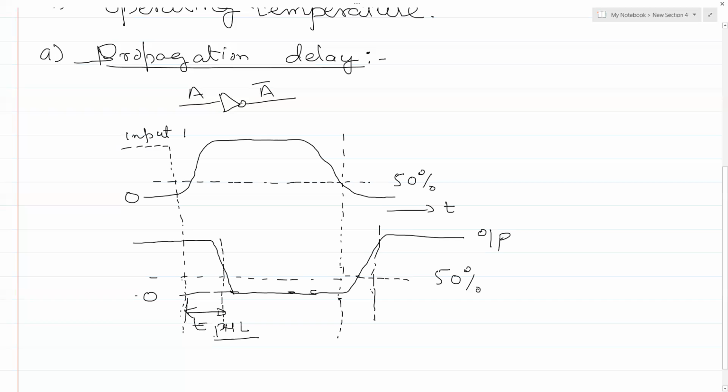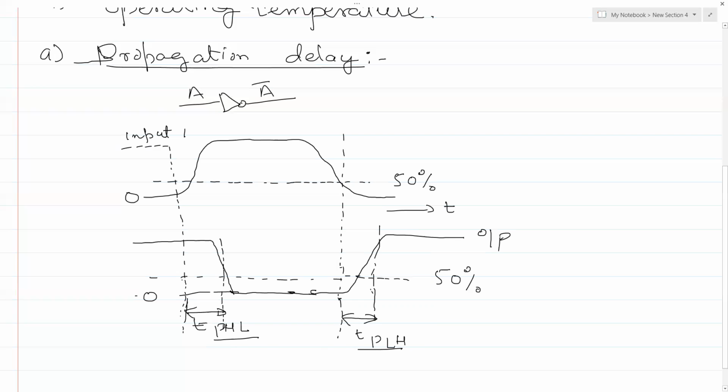Similarly, the time taken to go from 0 to 1, from low to high, is denoted by TPLH.